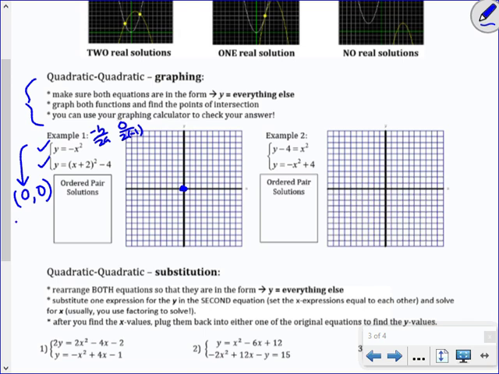So that means I'm going to go down 1 over 1, and then down 3 and over 1, and then down 5. 1, 2, 3, 4, 5, and over 1.